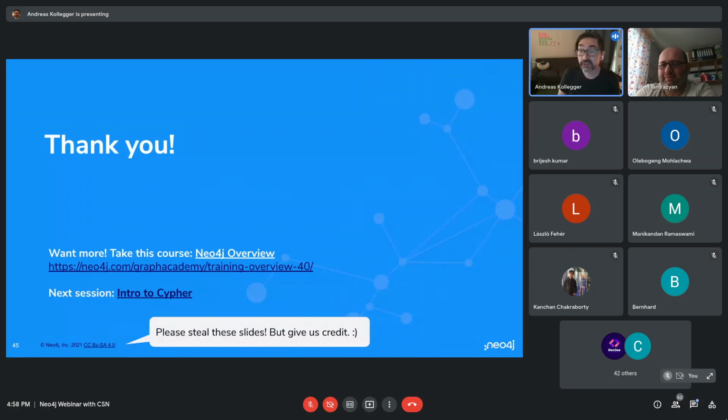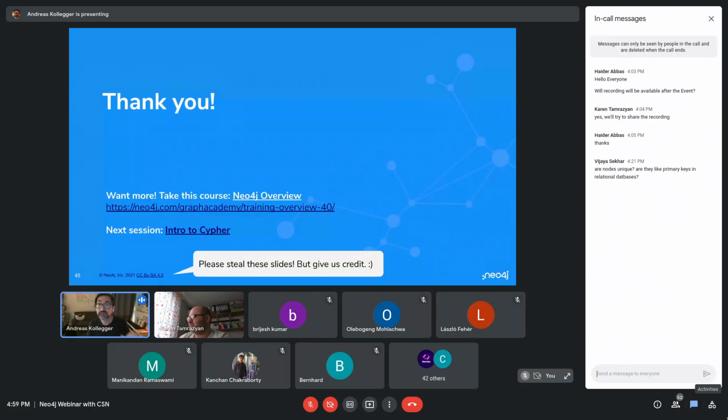Yeah, great question. So this is one of the classic challenges, I guess, within a graph database. Graph databases are schema-free the way that NoSQL is, but you can add some schema constraints to it. So uniqueness is one of the things you can do. Nodes themselves are individually addressable. So when you create a node, it has an ID, and you can talk in terms of that ID, and that's great.